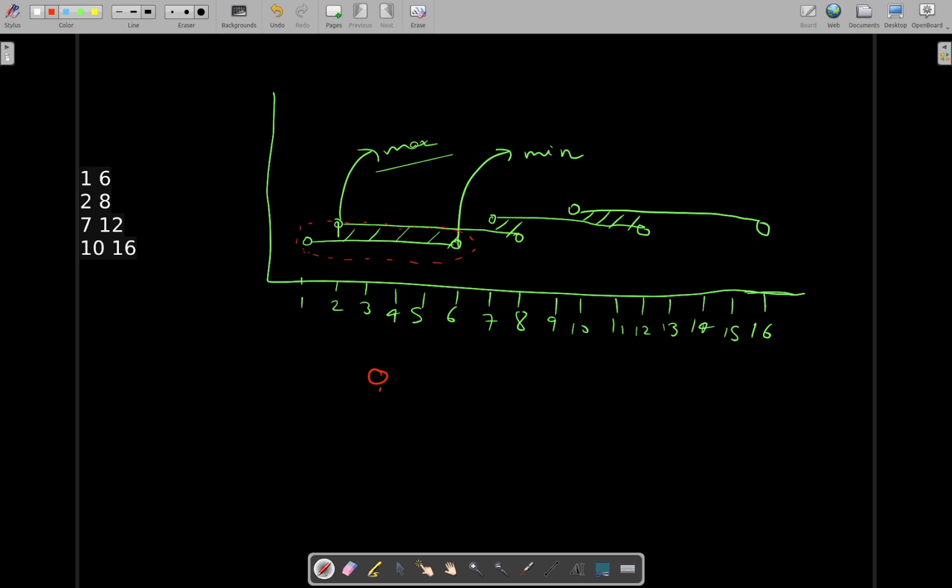And there is a person standing here who is shooting arrows from this direction below. So you have to tell what is the minimum number of arrows that this person can shoot so that all balloons are burst.